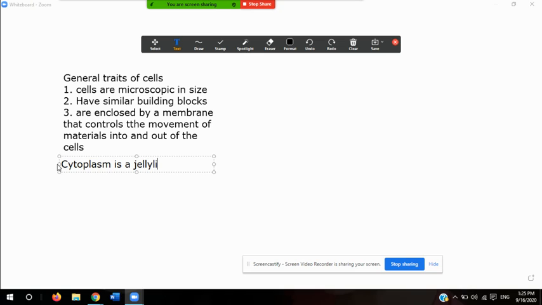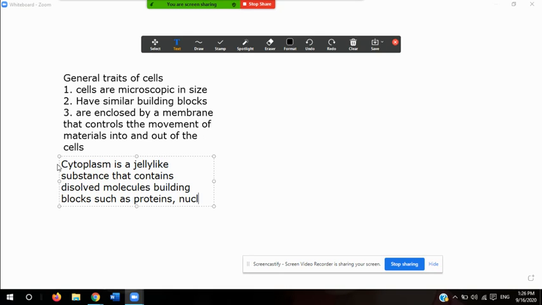A jelly-like substance that contains dissolved molecules, building blocks, such as proteins, nucleic acids, minerals, and ions. So this is the correct definition of cytoplasm.